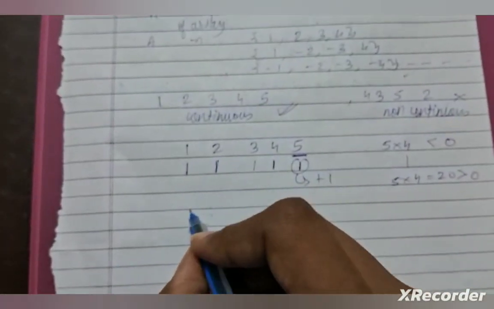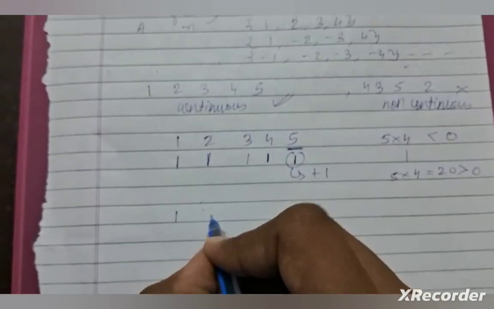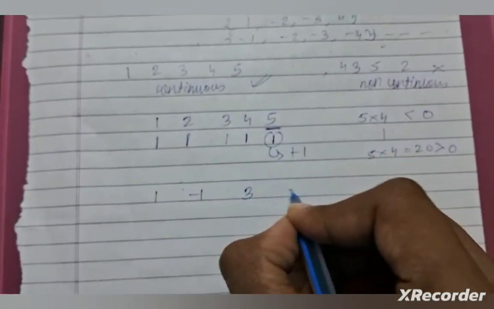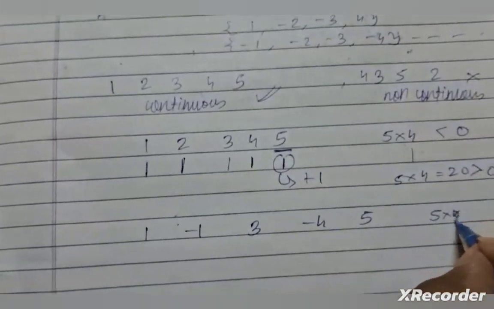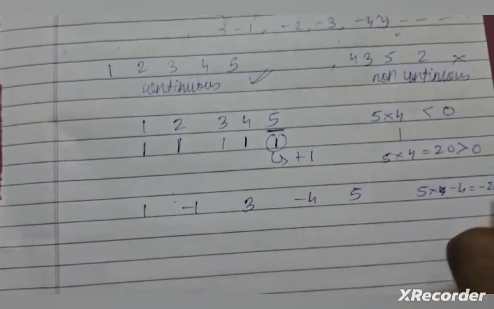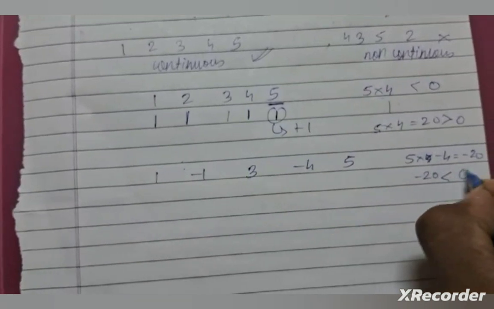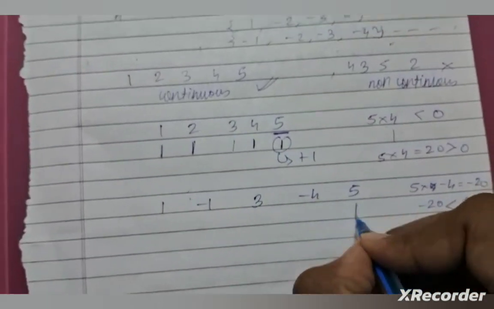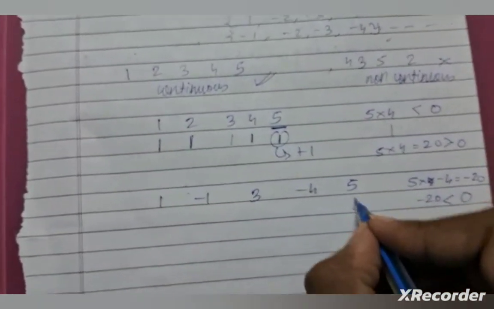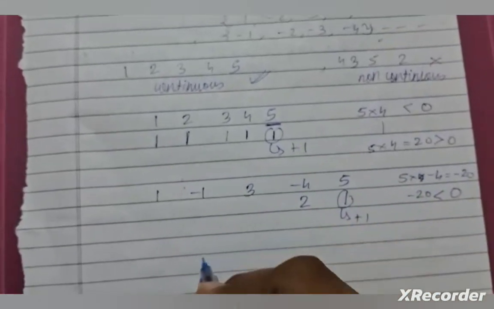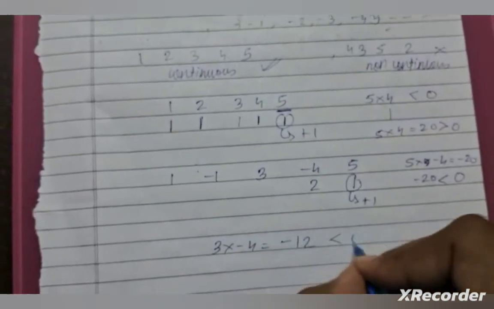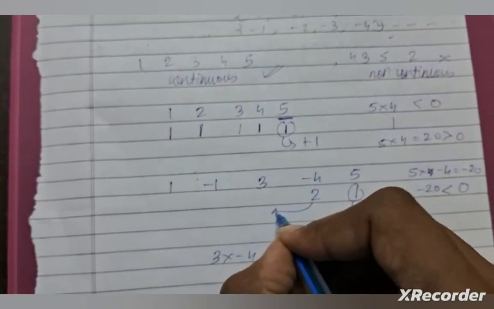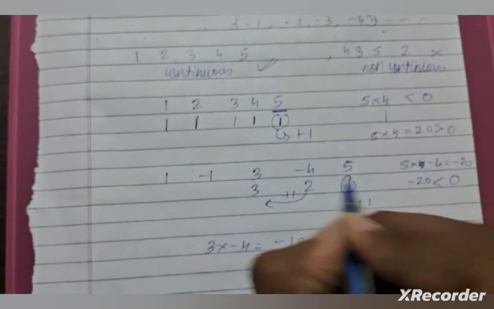Now take another example: 1 minus 1 3 minus 4 5. So 5 multiply minus 4 equals minus 20, as minus 20 is less than 0, its value will be plus 1, meaning 2. So 3 multiply minus 4 is minus 12, which is less than 0, so 2 plus 1 is 3.